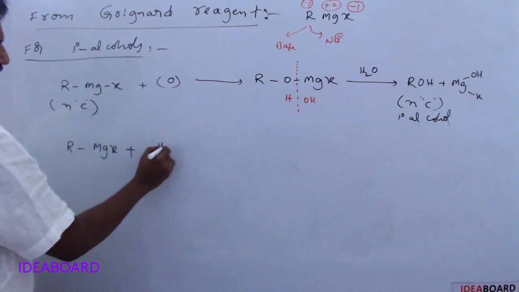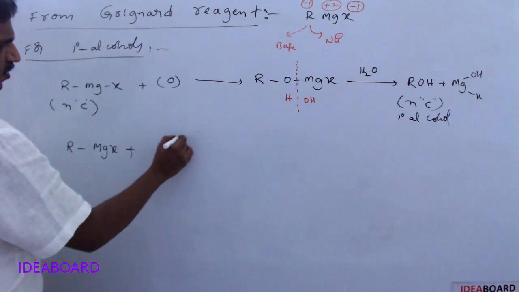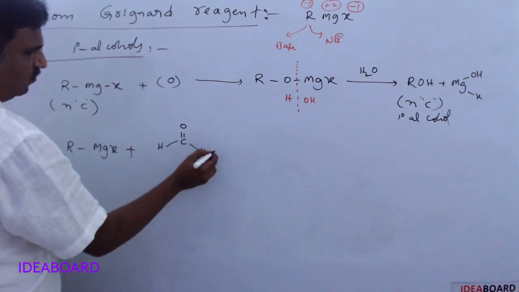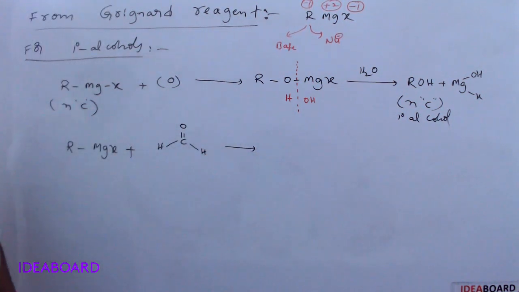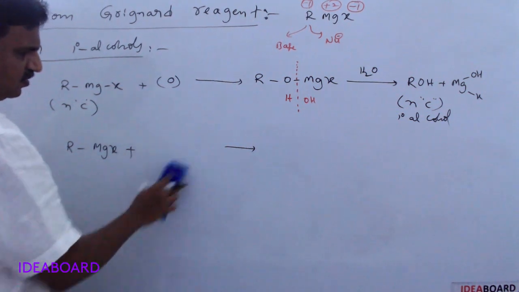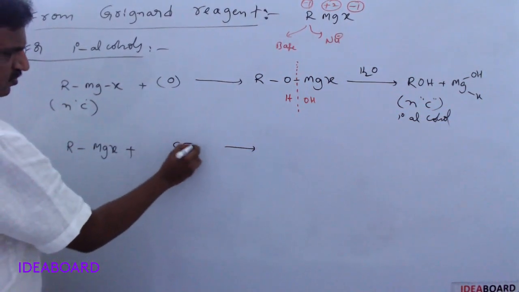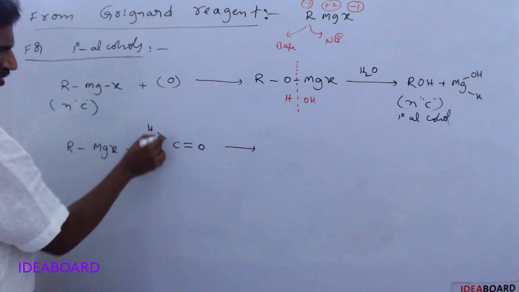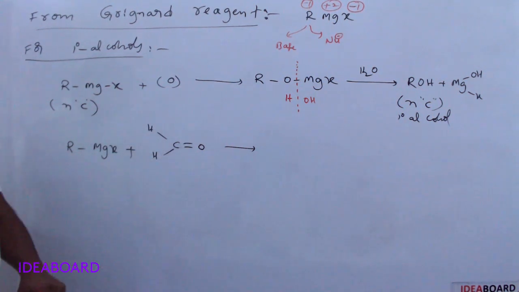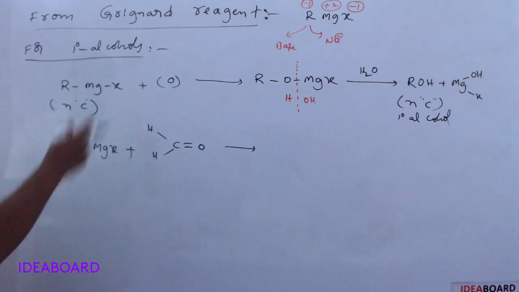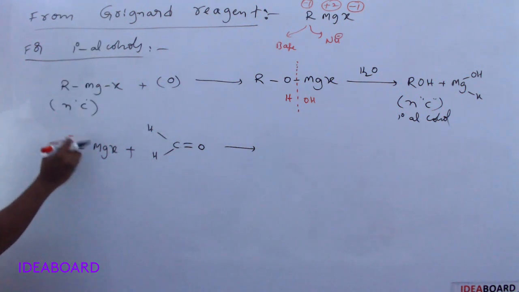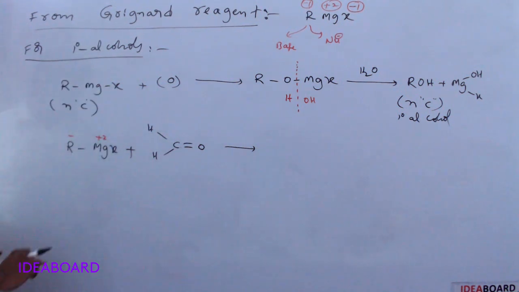aldehyde. In this, the first aldehyde is formaldehyde. You can write this formaldehyde structure in this direction also. This is formaldehyde, CH2O. In this process, R is minus and this is Mg plus 2.